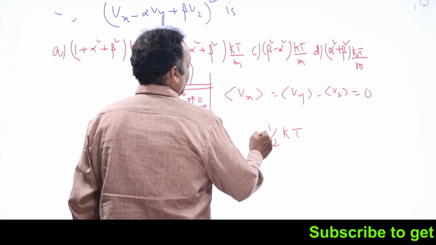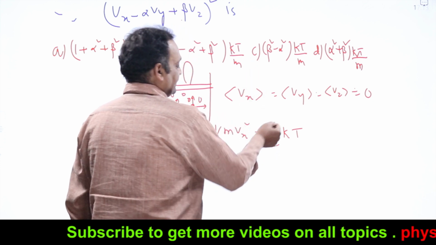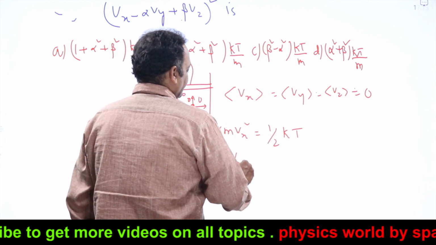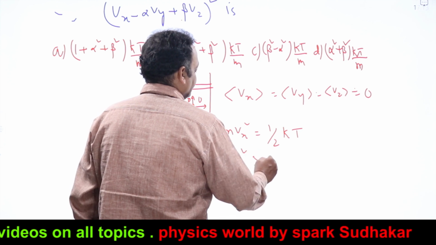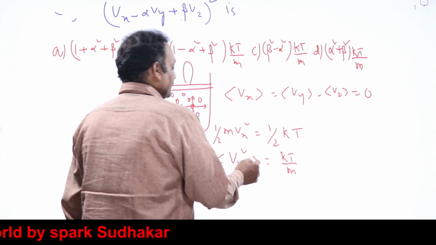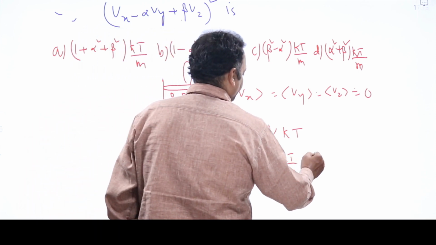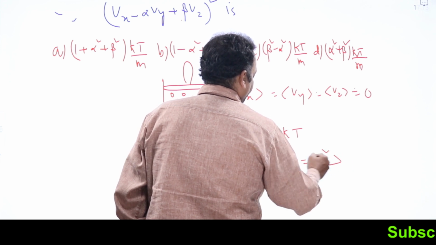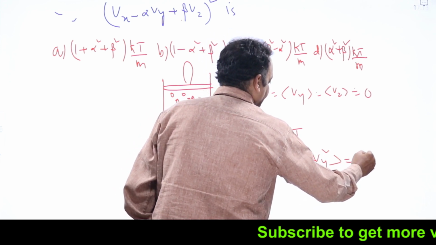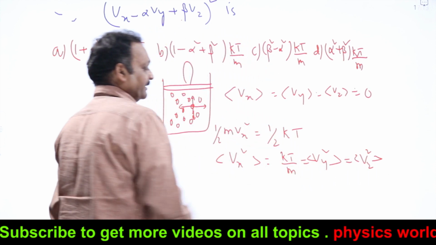So I'll write it like this: half m Vx square is equal to half kT, or the average value of Vx square is equal to kT by m. Similarly, the average value of Vy square is also equal to kT by m, and the average value of Vz square will also be equal to kT by m.